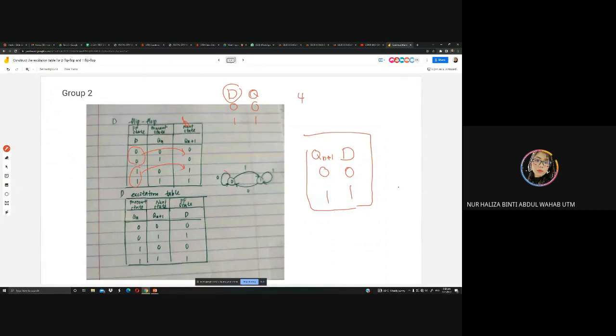When we have 0, we go to 0 again, we're going to have 0. And when we go from 0 to 1, we have 1 there. 1 to 0 is going to have 0, yes. And another one is 1, correct. So this is the excitation table that you need to remember.